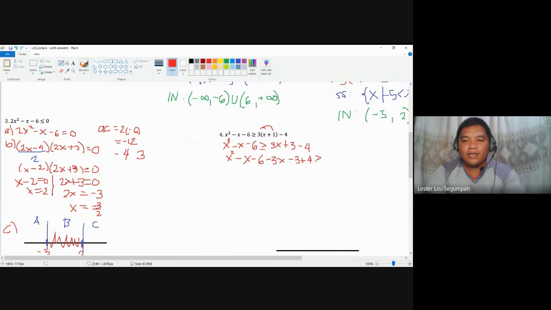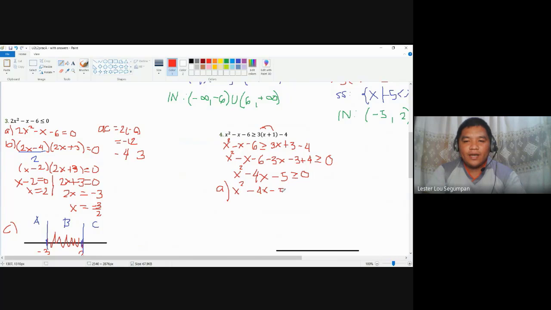Sorry, I have not combined them first. Greater than or equal to 0. Now that the other side is 0, you have your x squared, minus x minus 3x is minus 4x. Negative 6 minus 3 is negative 9, plus 4 is negative 5, greater than or equal to 0. Okay? And out from this is now where you could share your equivalent quadratic equation.